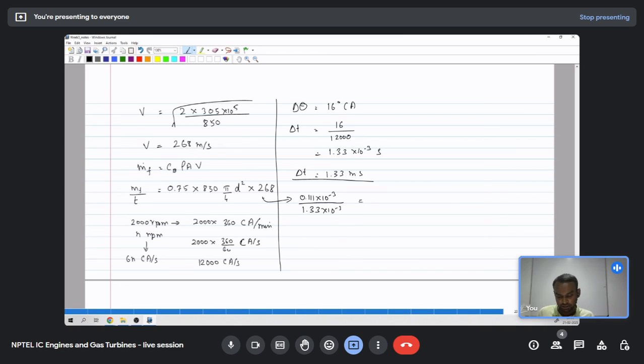On the right hand side I have few numbers, which gives 134185 into d square. On the left hand side the 10 power minus 3 gets cancelled out, and d square is 0.111 by 1.33 into 134185.